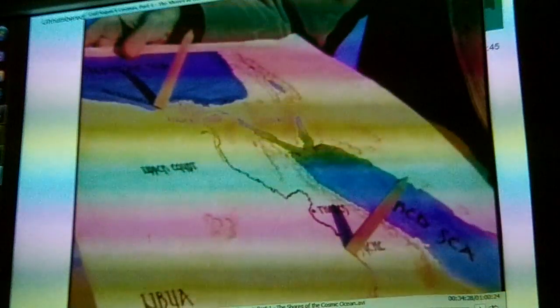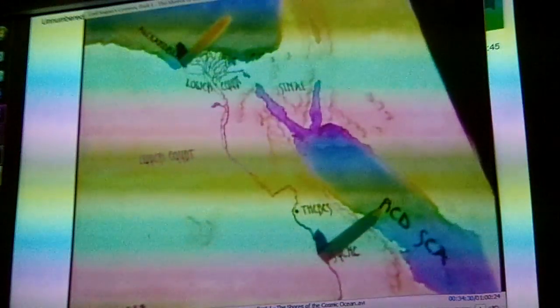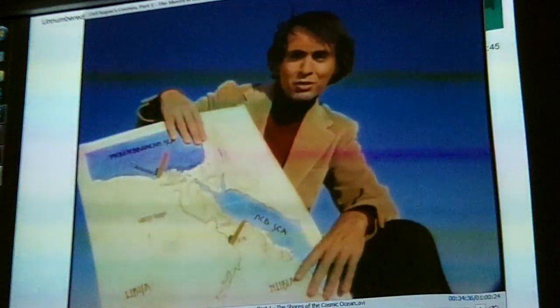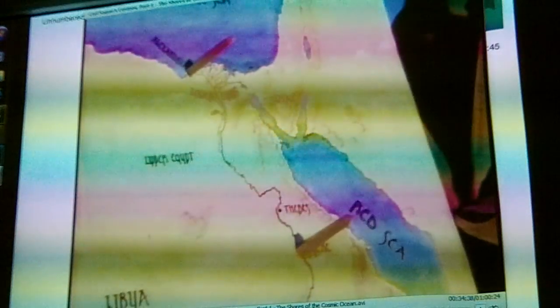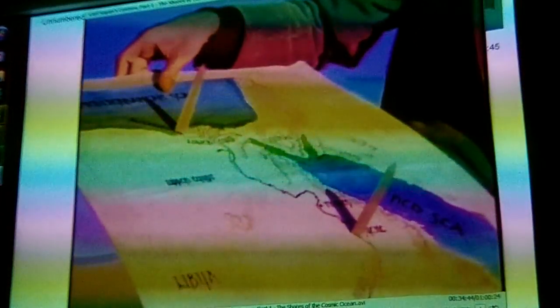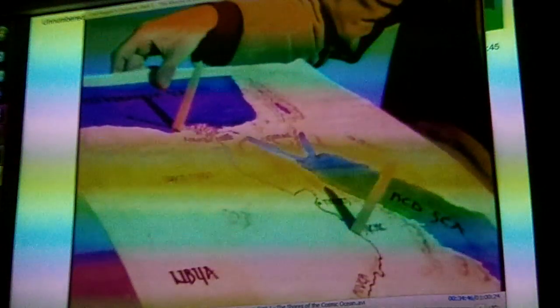Now, if at a certain moment each stick casts no shadow at all, that's perfectly easy to understand, provided the Earth is flat. If the shadow at Syene is at a certain length, and the shadow at Alexandria is the same length, that also makes sense on a flat Earth.